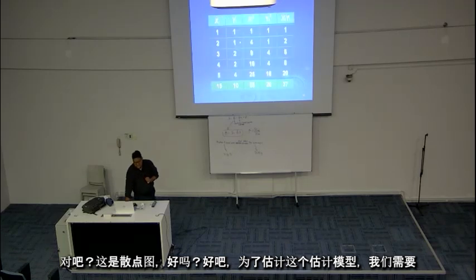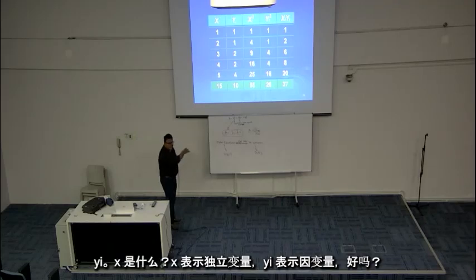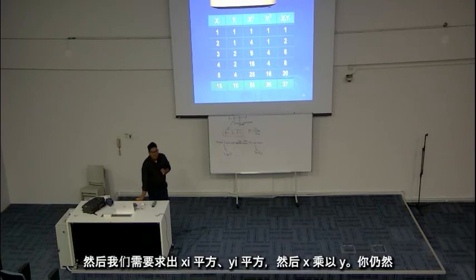To estimate this model, we need to use the method of ordinary least square, whereby the first step is to get the xi and yi. X is for the independent variable and yi is for the dependent variable. Then we need to find xi square, yi square, and x multiplied by y.